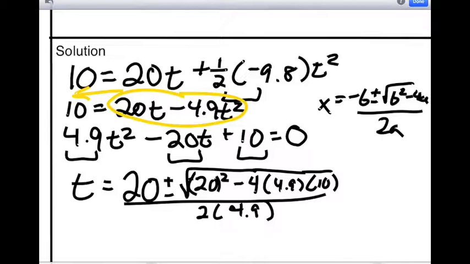So now when you do the math here, you end up simplifying the expression to 20 plus or minus 14.3 divided by 9.8.